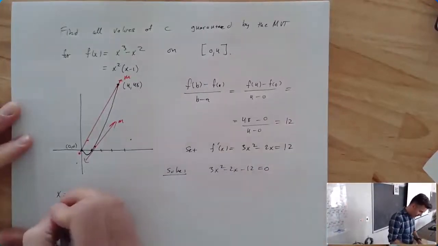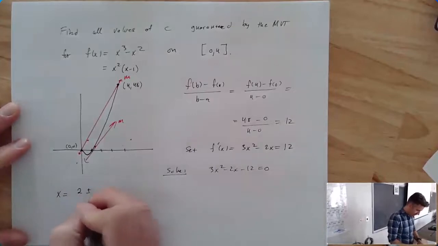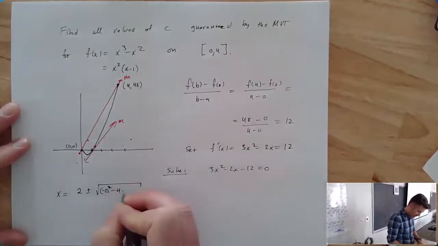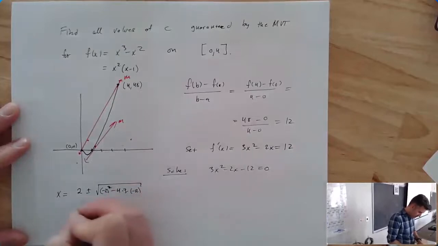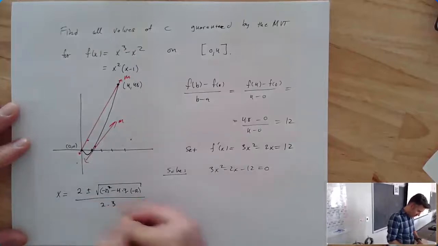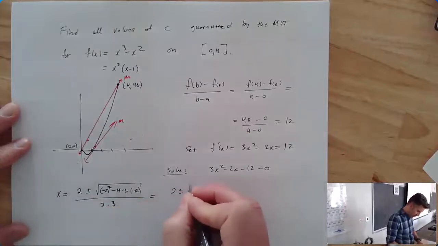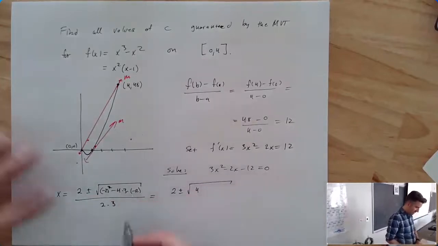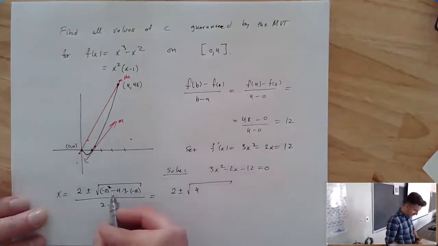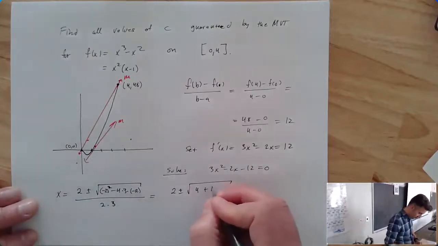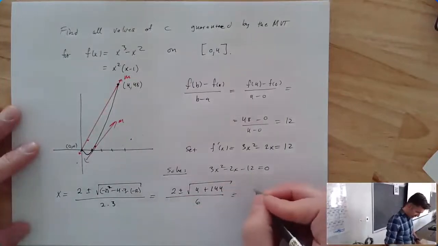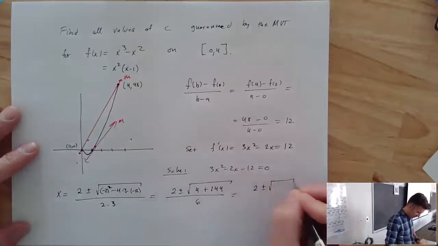So let's see, we get x equal to negative b plus or minus the square root of b squared minus 4ac all over 2a, which is going to be 2 plus or minus the square root of, let's see, 4 times 3 is 12, 12 times 12 is 144. And it is a positive 144 because it's a negative times a negative. All over 6. So I've got something lovely. I've got 2 plus or minus the square root of 148 all over 6.